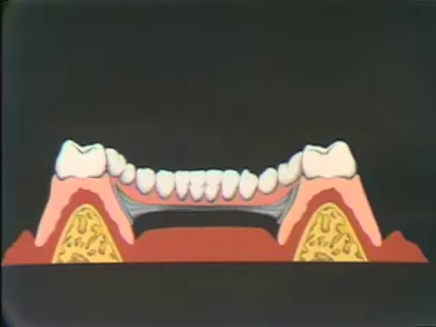If we take an accurate, detailed impression of the ridge in its undistorted resting condition, and we make a base to fit this ridge at rest, the base will have intimate contact with the ridge. It'll be resting against the tissues. An accurate fit where the tissue and the base are in intimate contact at rest.